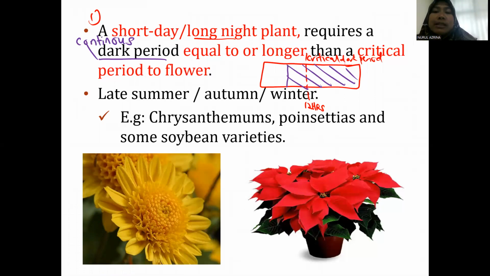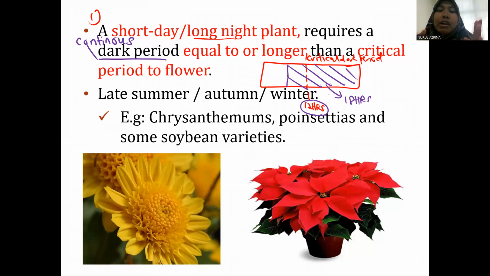Let's say the continuous dark period here I take as 18 hours. You can see that the night length, the continuous dark period, a dark period that continues for 18 hours, is longer than the critical period. So that is the characteristic of a long night plant.